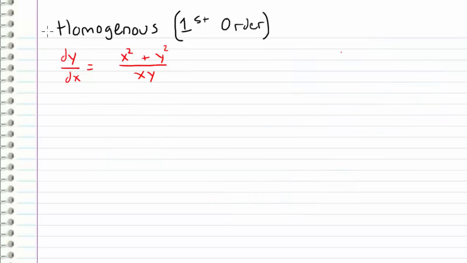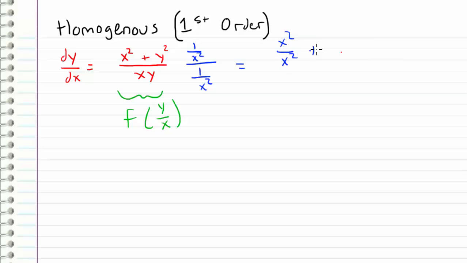All right, so let's take a look at this differential equation. What we want to do is express this whole entire right-hand side as a function of y over x. So how can we do this? Well, if we divide the top and bottom of this fraction by x squared, then what I get is x squared divided by x squared plus y squared divided by x squared, all over xy divided by x squared.